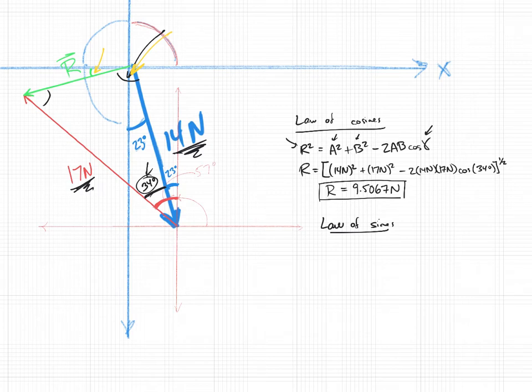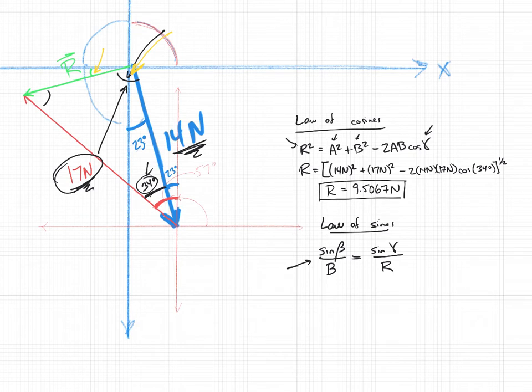But the law of sines looks like this: the sine of beta over b equals the sine of gamma over r. Now, how did I choose those letters? Well, this right here is b, so the angle across from it is beta, that's this guy right here.